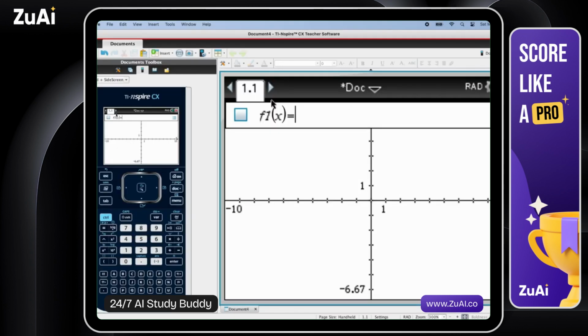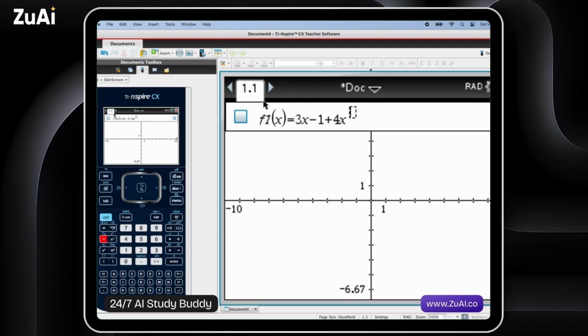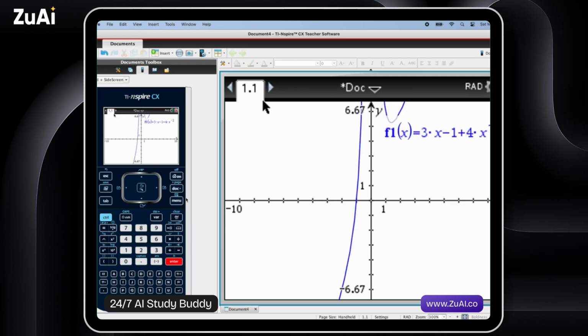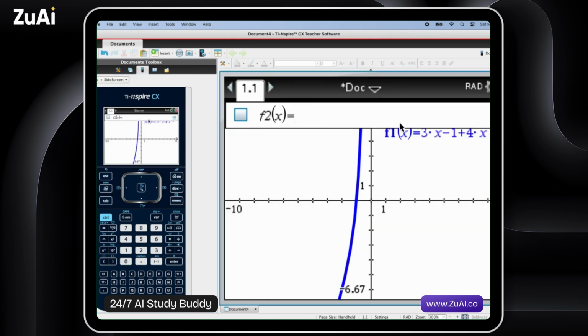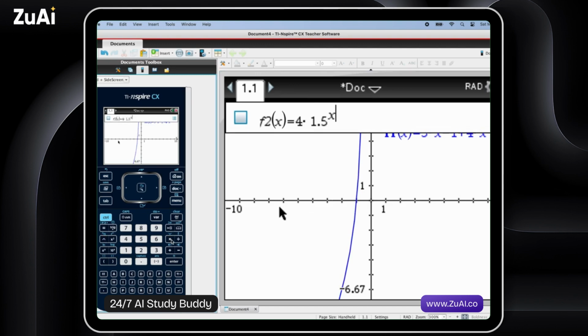Here is the original function that we had: 3x minus 1 plus 4x to the negative 2. That's our original function. Let's go menu, graph entry, function, and put the second function in, which was 4 times 1.5 raised to the power of x minus 9.